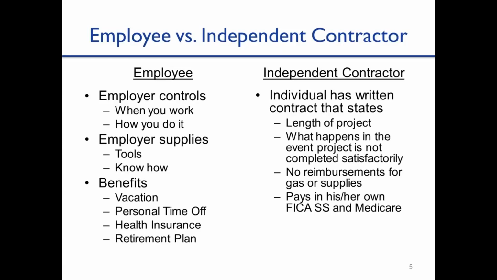You're going to have to go back, amend your 941 forms, your payroll forms. You're going to get late payment penalties. You're going to get failure to file proper documents, all kinds of penalties, and it's going to cost you a lot more money if you get caught after the fact. So just make sure you are classifying them correctly.